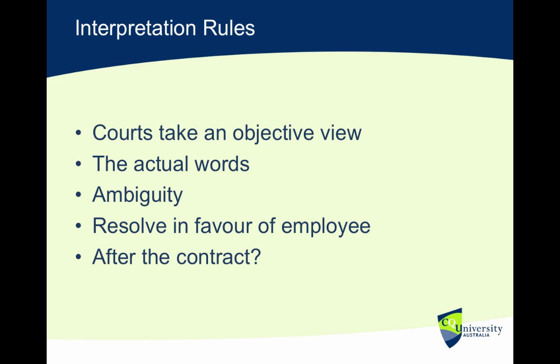If any of you have done statutory interpretation, these terms won't be new to you. So you'll know that in interpretation, first things first, the courts take a very objective view. They look at the words that appear there. In statutory interpretation, we talk about giving those words the literal meaning. And certainly in this case, looking at an employment contract, the courts do look at the actual words that are being used.